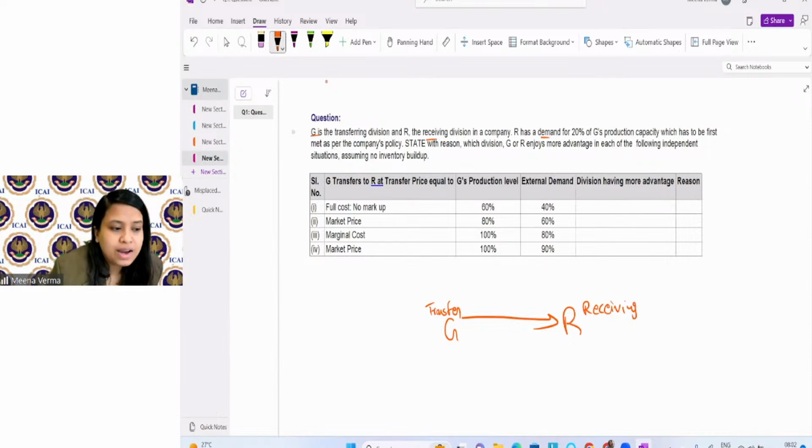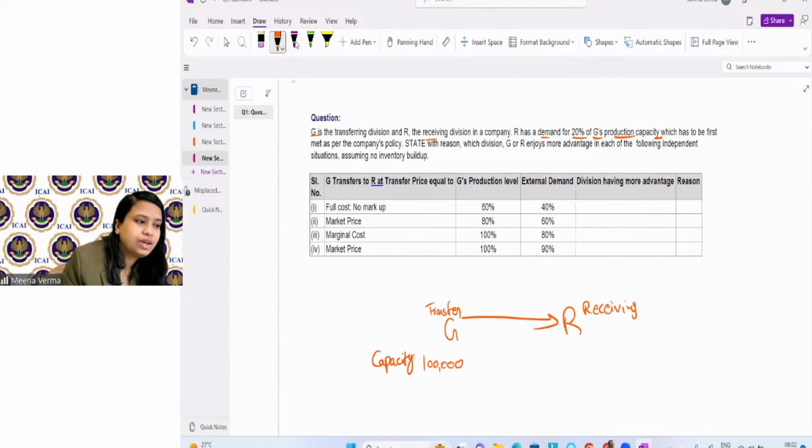R has a demand of 20% of G's production capacity. For example, if G has a production capacity of 1 lakh, what is the demand of R? 20,000 units, 20%.